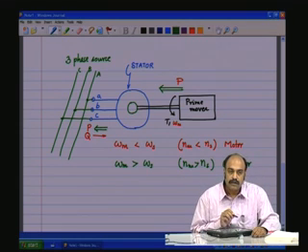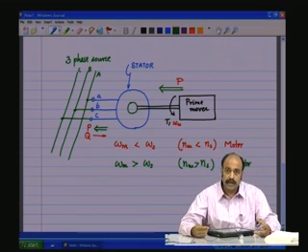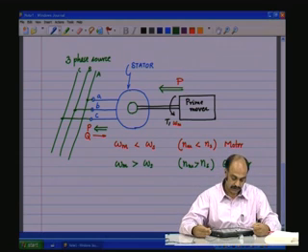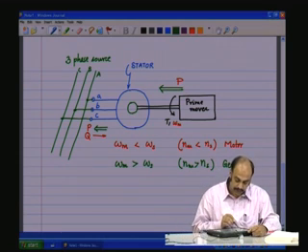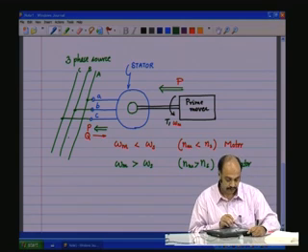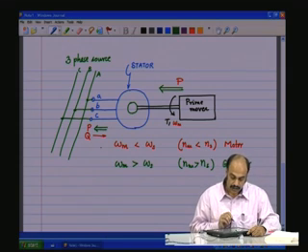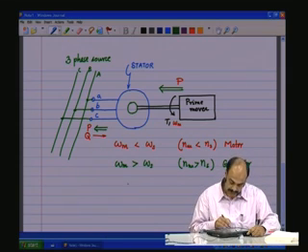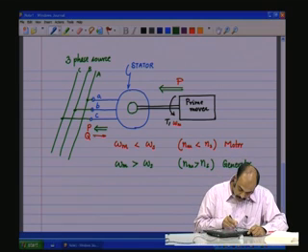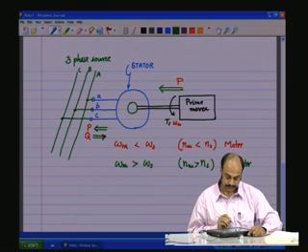However, to generate the rotating flux, we need the reactive power, and the reactive power has to still come from the AC mains. So the reactive power Q still comes from the AC mains. So this is how it would look like in an induction generator. We still have the reactive power in the same direction.